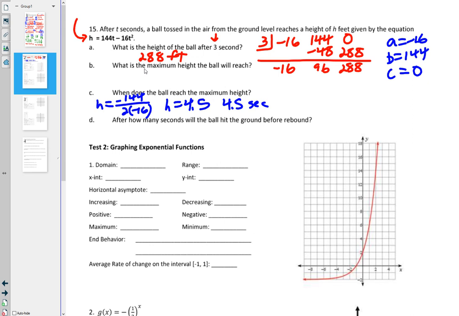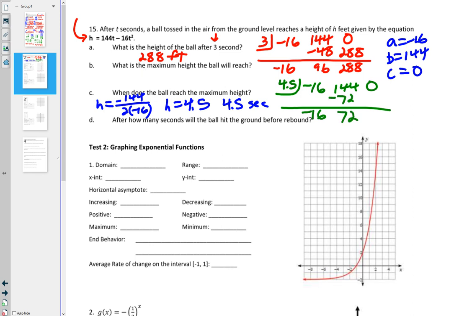Then to figure out where it's at, I can do the exact same thing I did up here, but instead of plugging in a 3, I can just plug in a 4.5. So 4.5, negative 16, 144, 0. Negative 16 times 4.5 is negative 72.